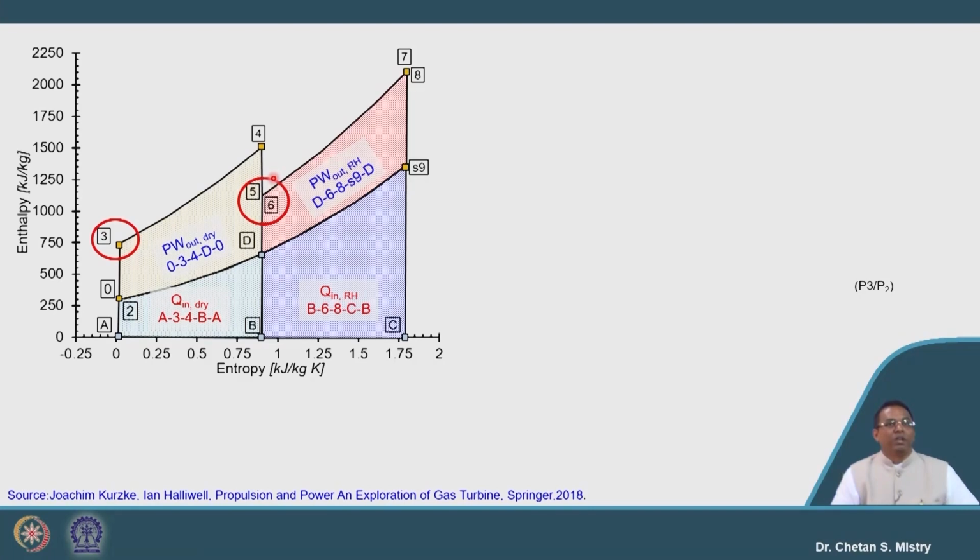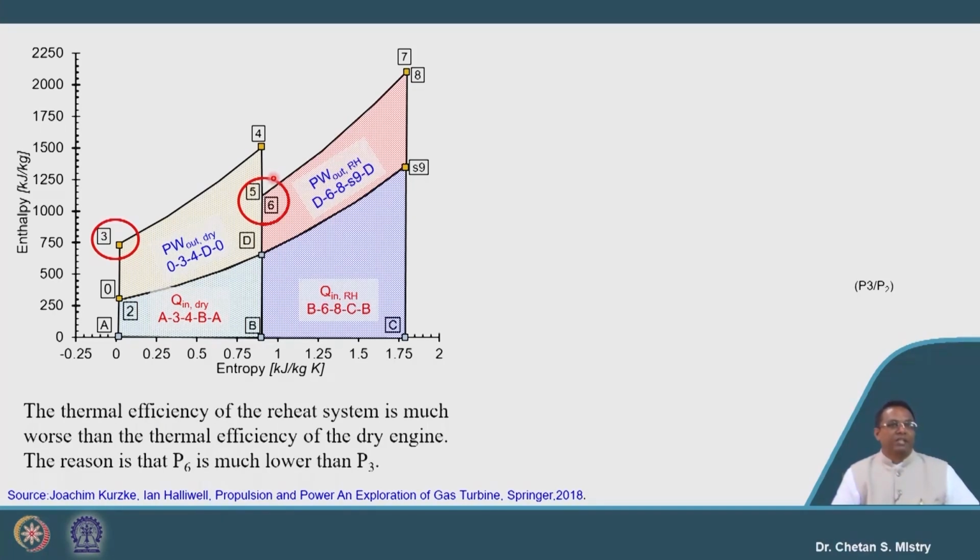What this indicates is that the thermal efficiency of the reheat system is worse than the thermal efficiency of my dry engine. The major reason is my P6, the pressure at which combustion happens in the afterburner, which is much lower than my P3. So try to realize this part. This is very important.